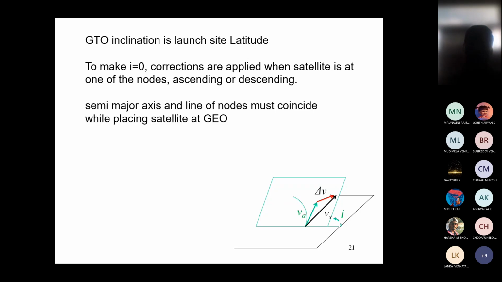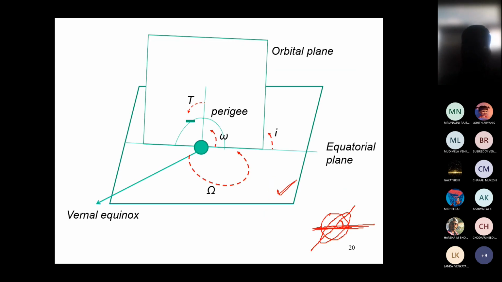Okay, do you know what is ascending node and descending node? If I show in the previous one, this is the Earth and the satellite is moving like this. When the satellite is moving from downward to upward, then this is this node, this particular node. Okay, let me use a different color.